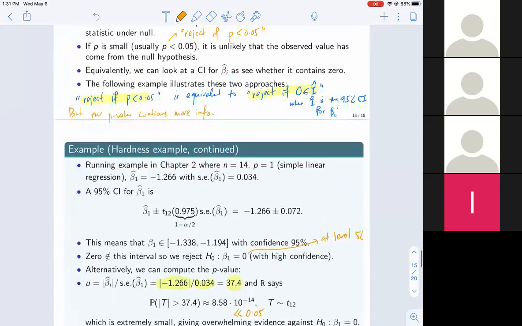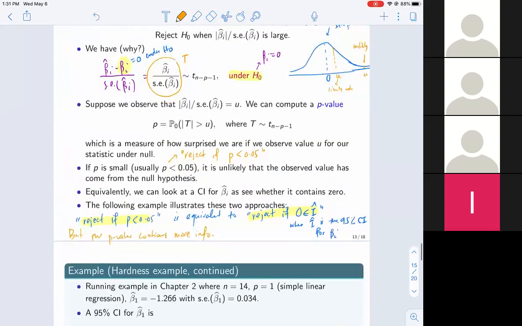So maybe I should ask you a question. So what is a p-value? I've talked about the p-value, but just like the confidence interval, it's one of those tricky concepts in statistics. It's worth trying to figure out again and again. So what is a p-value?